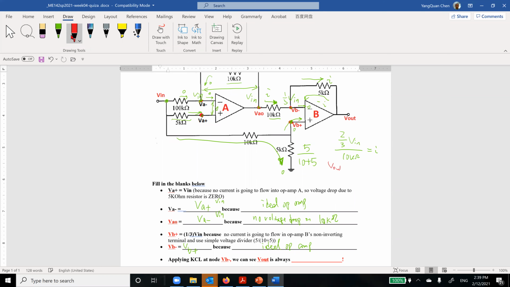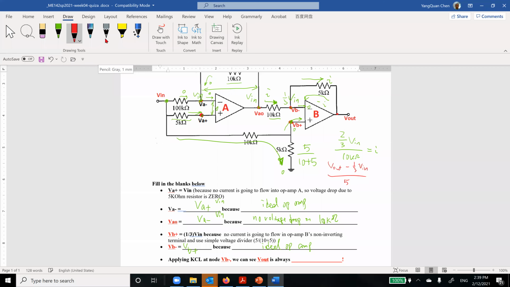V out minus VB, where VB is 1/3 of V in, divided by 5. This guy minus this guy, add this guy, it should be 0.